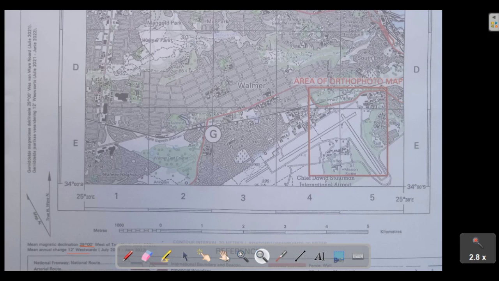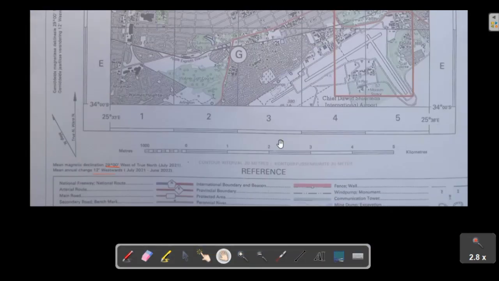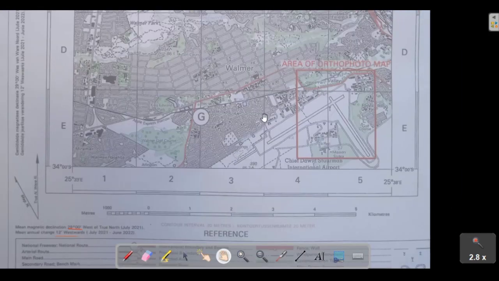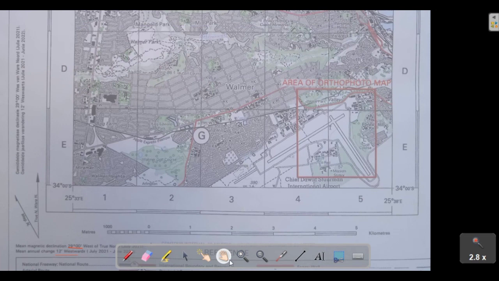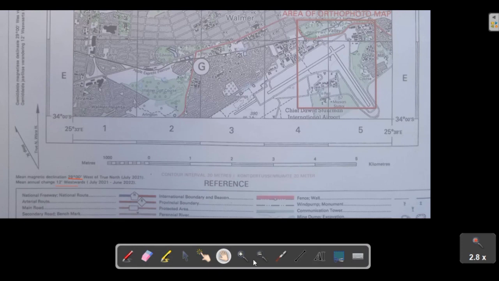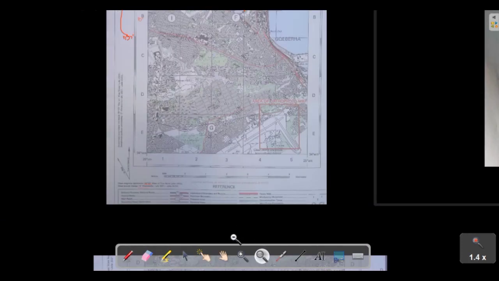Where do we get irregular street patterns, guys? We get irregular street patterns, of course, in low income residential areas, and because this is next to the airport, you can clearly see that this should be a low income residential area. No high income area would be close to an airport like that.